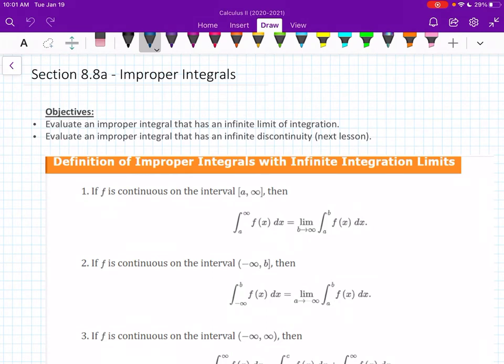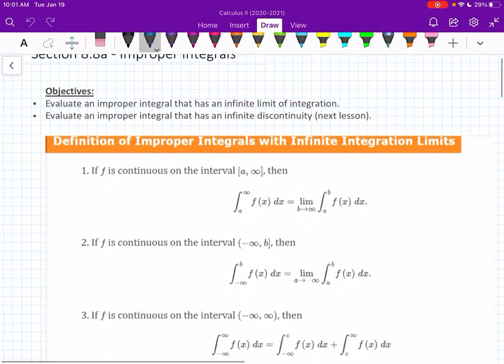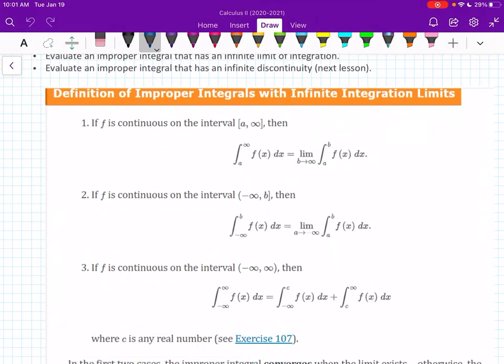So here is the definition of improper integrals with infinite integration limits. So really you need to know the first two and then the trick for the third one. So the first one, basically if you have a lower limit a and an upper limit of infinity, what we do then is we replace that with a variable, and then we take the limit as that variable goes to infinity.